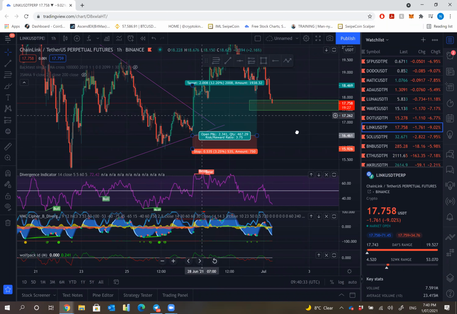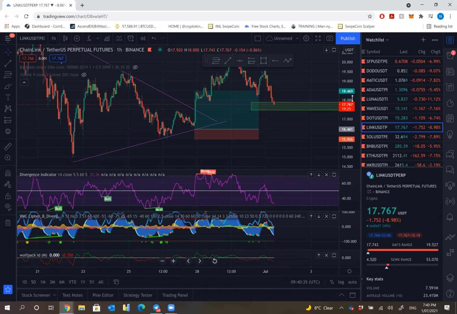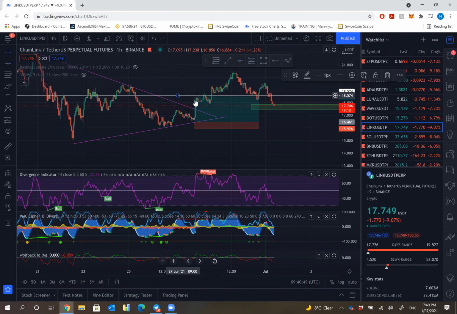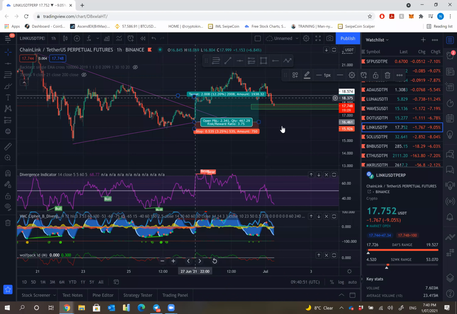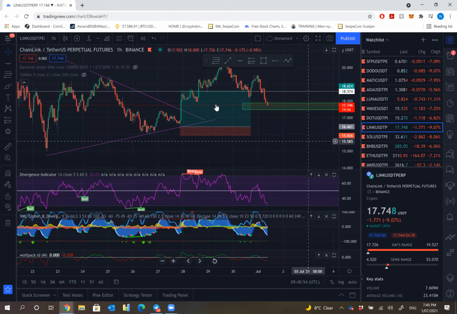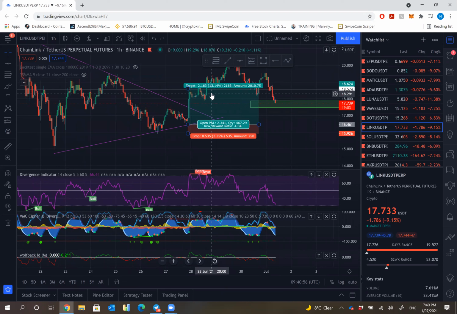But when you set your take profit, I always set it around the area where there's a lot of noise, where there's a lot of buying, or where it looks like price has halted for a bit. So I would set that there. So for me, I made 260% on this trade here.